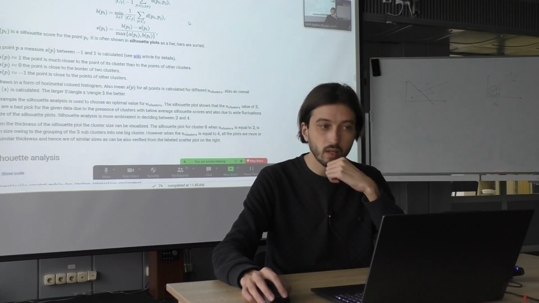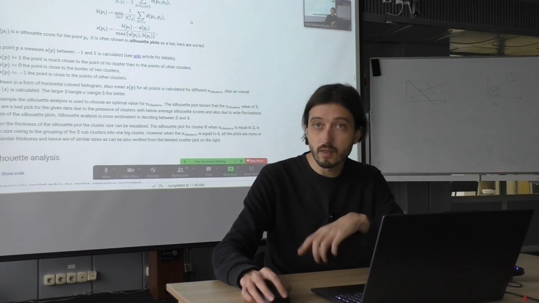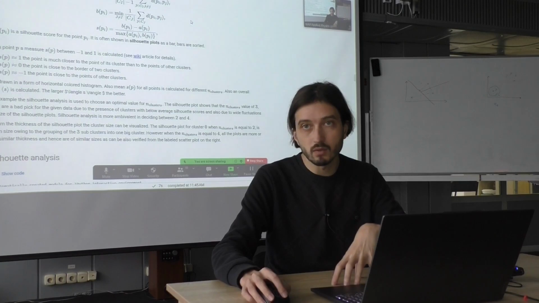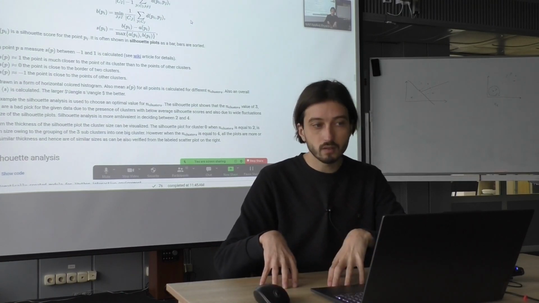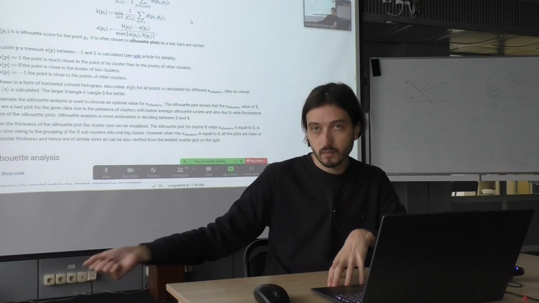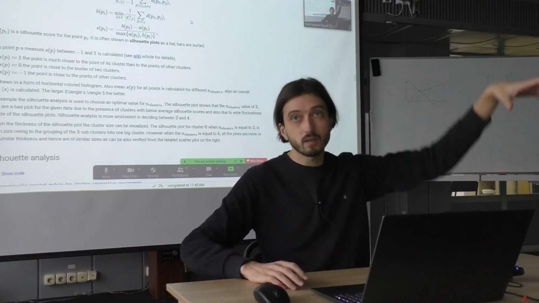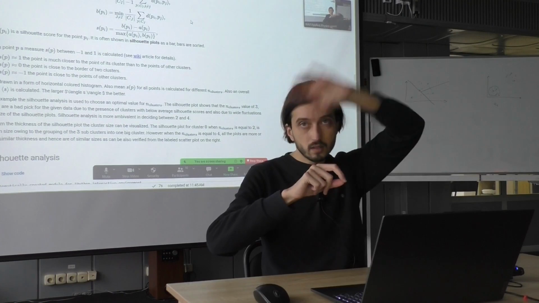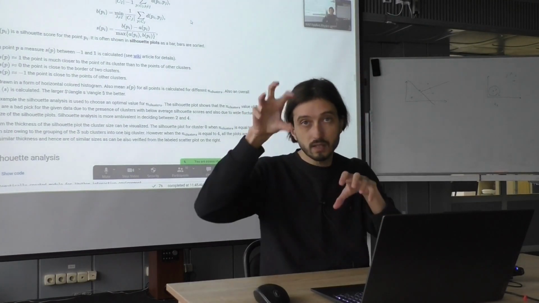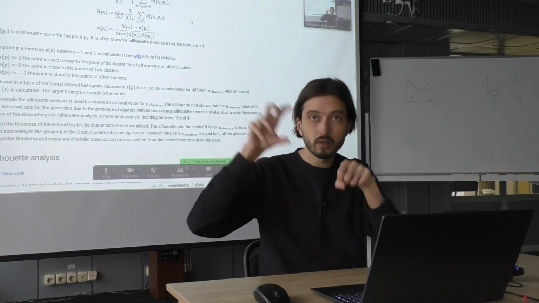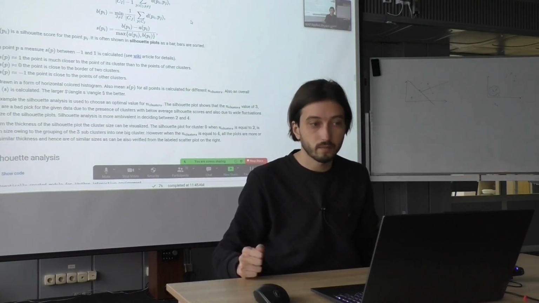A was the mean distance to the points of its own cluster. B was the mean distance to the points of some competing cluster. We considered the mean distances to all the rest of the clusters, and then took the minimal value, so it's like a competing cluster.